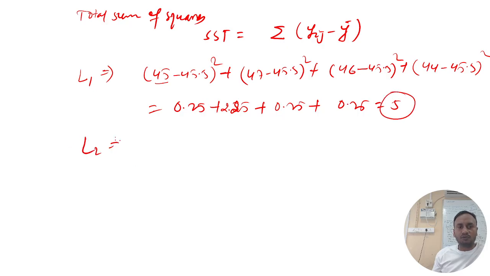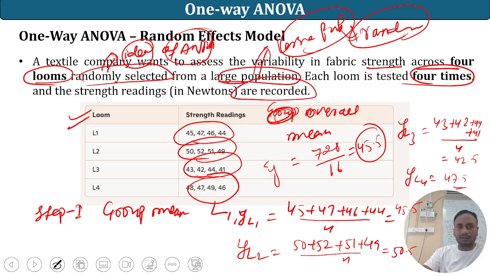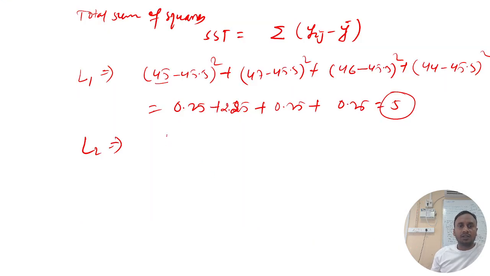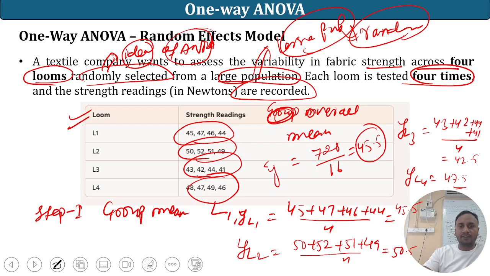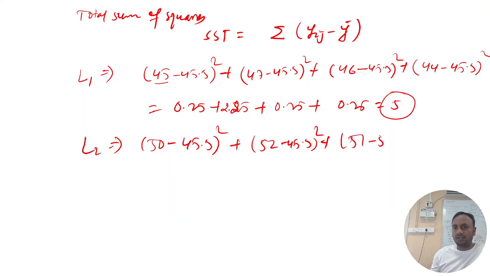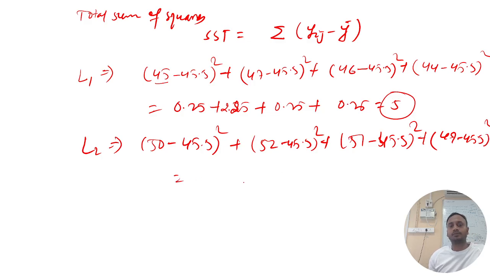Now L2, the loom 2. What do we have? 50, 52, 51, 49, each minus 45.5. Here 4.5, here 7.5, here 6.5, here 3.5.